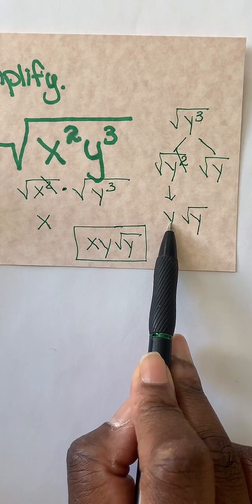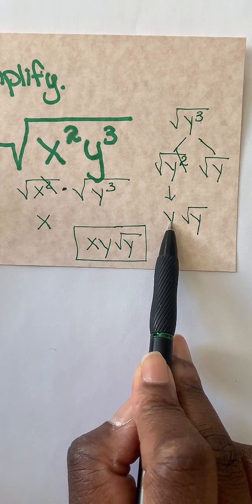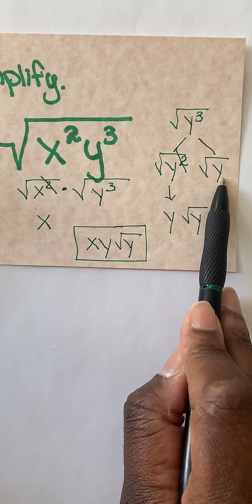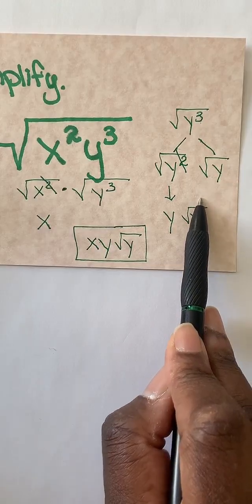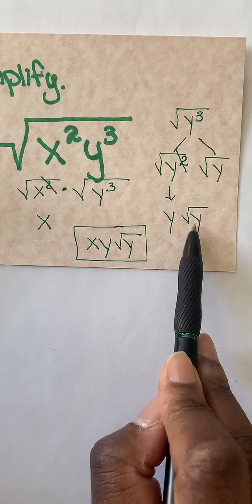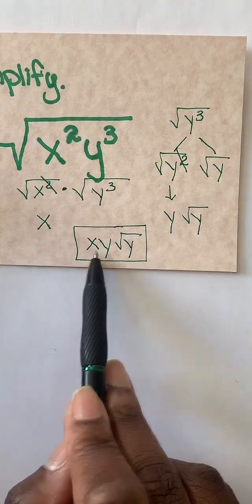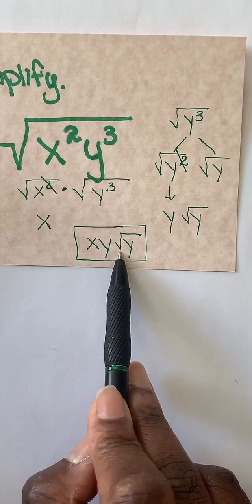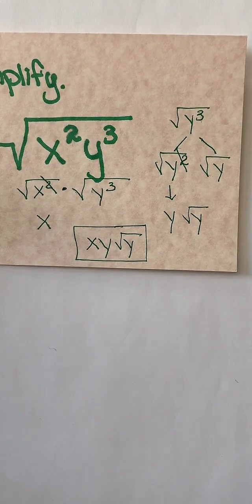Oh, there it is. Y to the first power is also known as y. And then that square root of y that we just pulled out, we can't break it down, we bring it down. And then you just put them all together. xy means x times y, square root of y. All right?